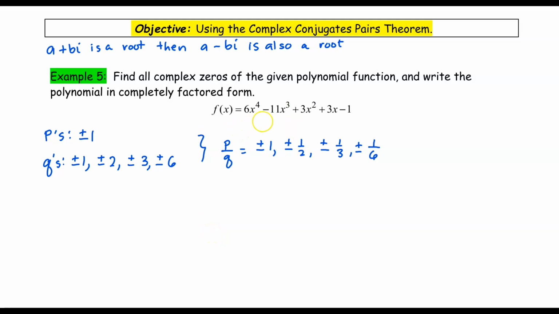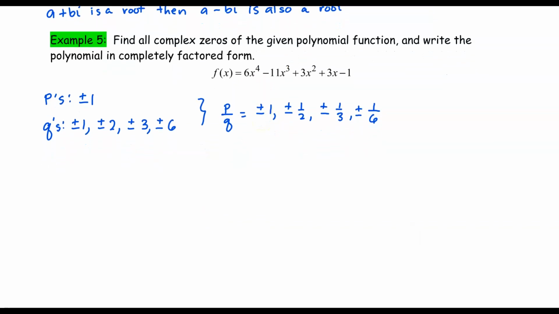Let's perform synthetic division here. So you have 6, negative 11, 3, 3, negative 1. Then I'll do 1. So I have 6, multiply 6 by 1, positive 6. You add, you have negative 5.